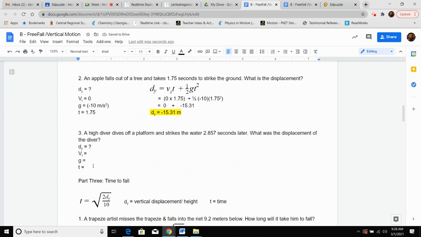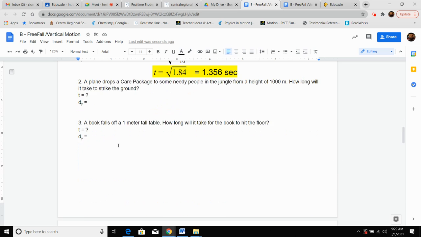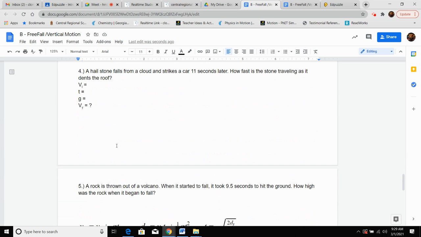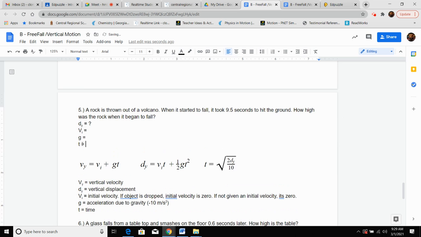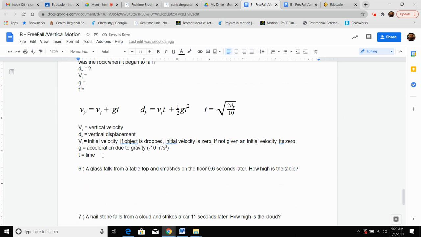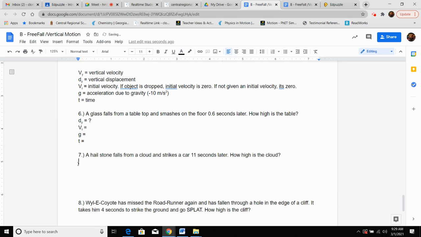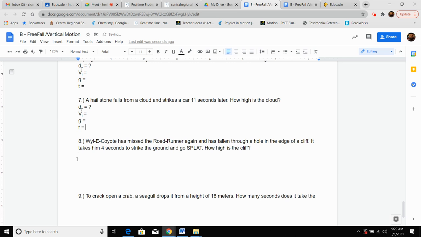So I'm going to go up like this and put it underneath here. All right, 6, same thing. Wants to know how high up the table was. You're going to solve for dy. How high is the cloud? dy. 8, how high is the cliff? dy.